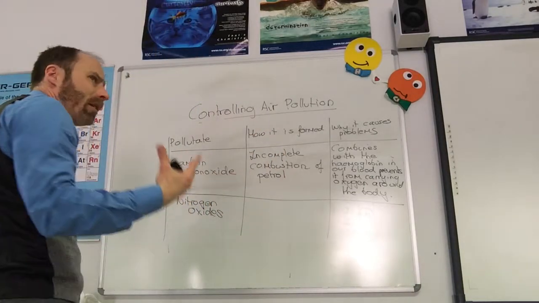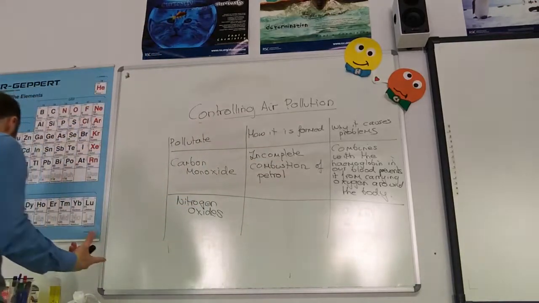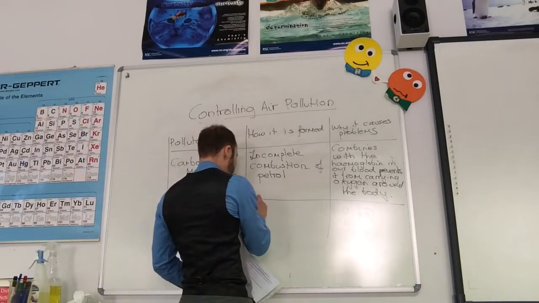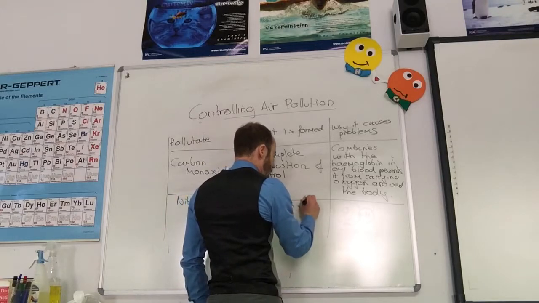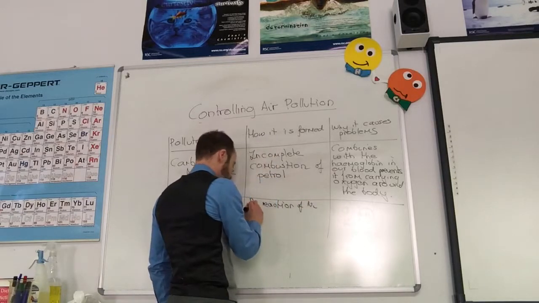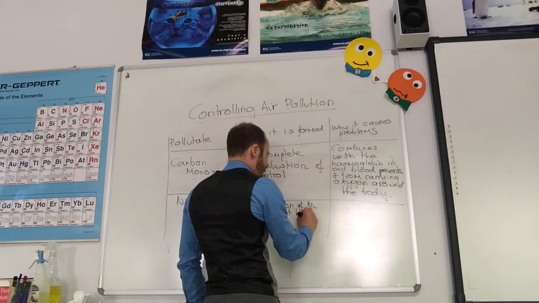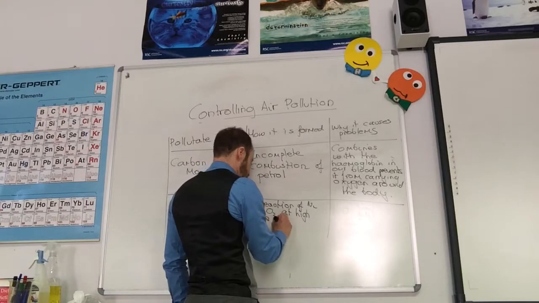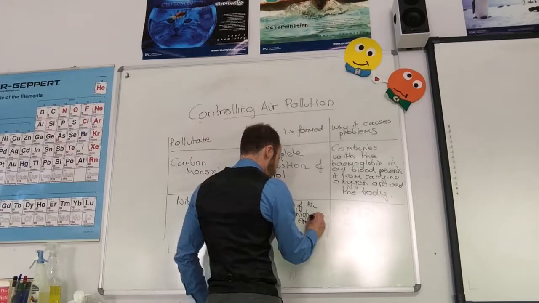So the car engine, very hot, high pressure, gets nitrogen and oxygen to combine to form nitrogen oxides. So this is formed by reaction of nitrogen and oxygen at high temperatures in the engine.